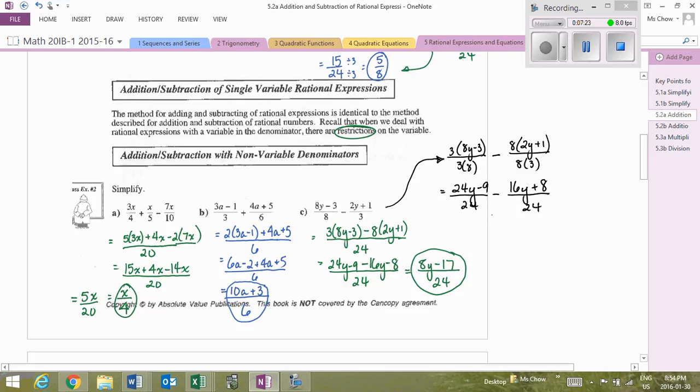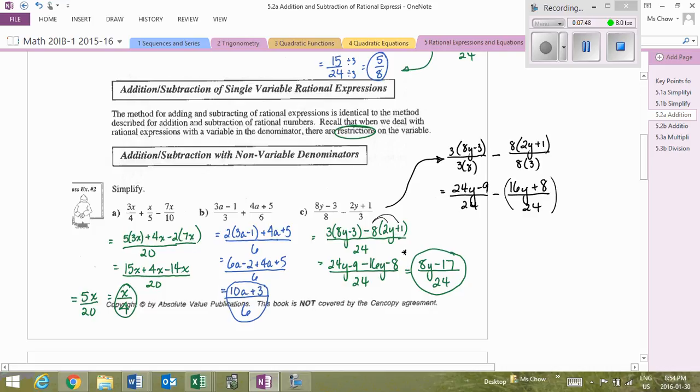And so the biggest issue that people have here is that when you're subtracting, remember you're subtracting this whole thing. So you're subtracting not only the 16y, but you're subtracting positive 8. And that's where a lot of people make their mistakes, which is why I prefer to ask students to do it this way, so that they can see that that negative 8 is going to distribute to everything.